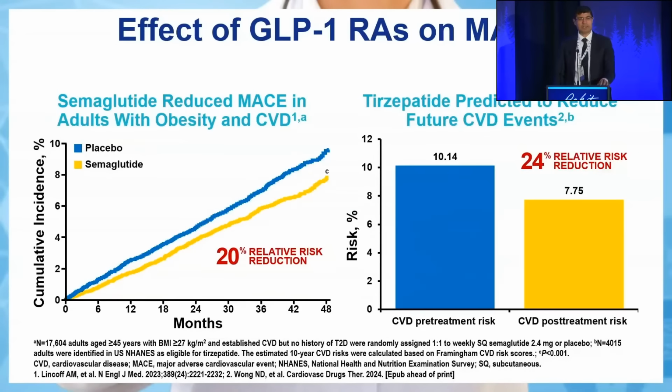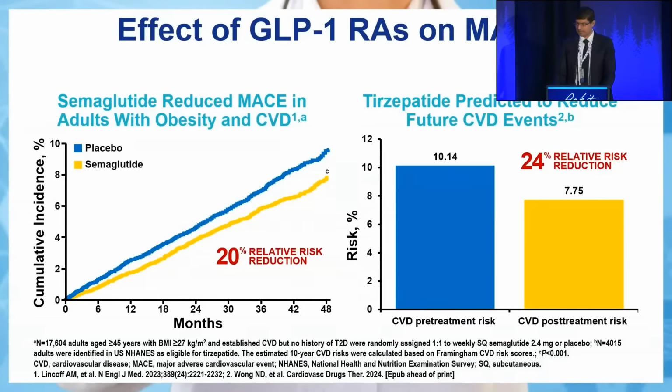And this patient of ours has obesity with body mass index of 35 kg per meter square. And to the right, I'm showing you data with tirzepatide, a GLP-1 and GIP analog, and you see a significant reduction in future risk of cardiovascular events.